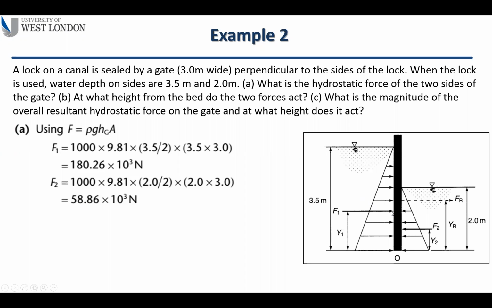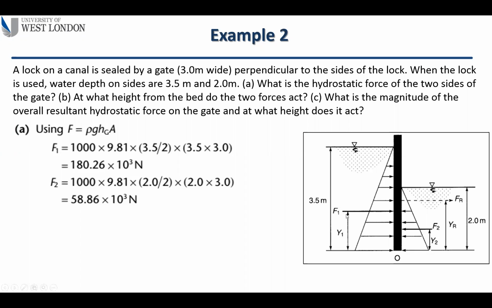Okay, section 2, at what height from the bed do the two forces act? So that's simple. We don't need to use the general formula, because for a triangle, we know that the center of pressure or the resultant force acts 1/3 from the base or 2/3 from the top.